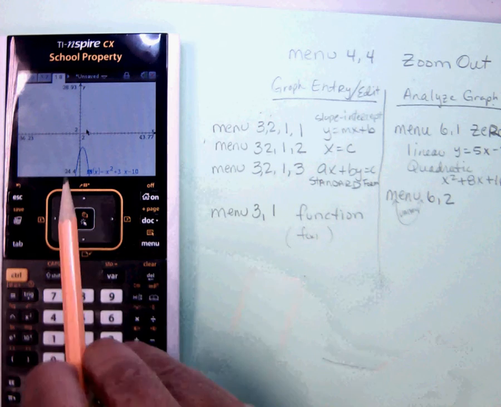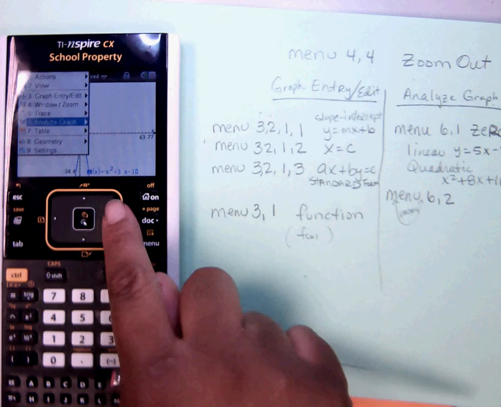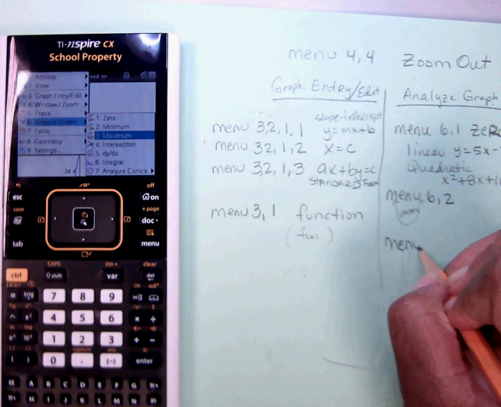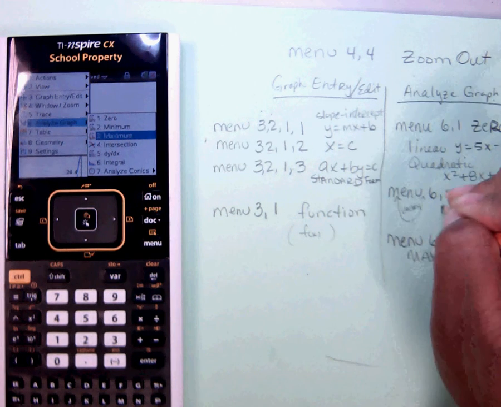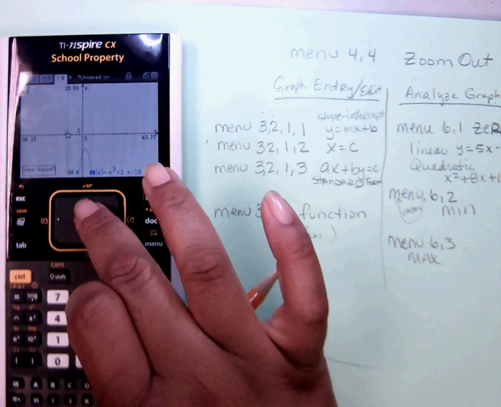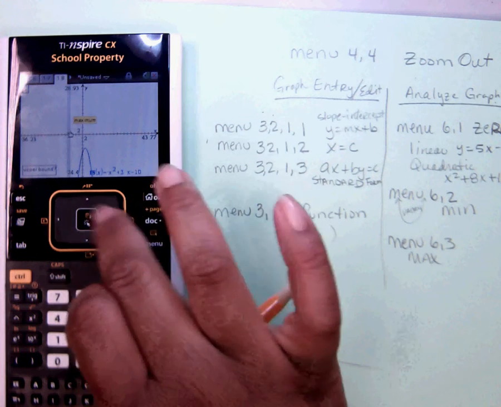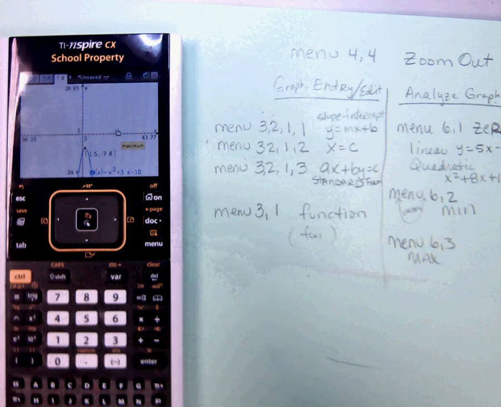Now, can we find the maximum here? Yes, we can. It has a maximum because it's a hill. So menu, 6, and now we're talking about 3. Because menu 6, 3 will give us the maximum. This is maximum. That was minimum. Press enter. Go to the left. Click. Go to the right. Click, and there it is. We're good.